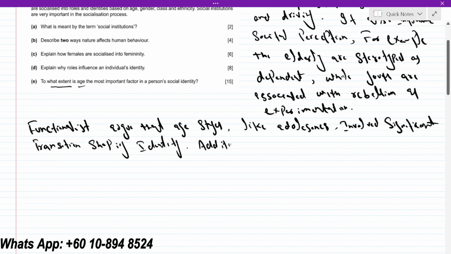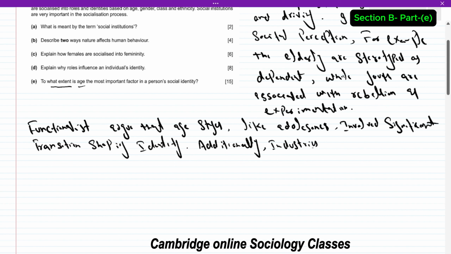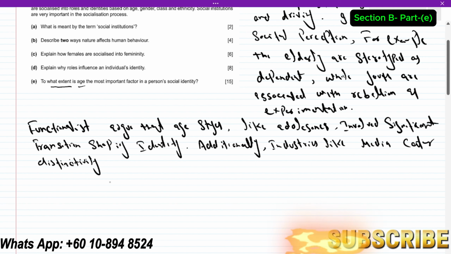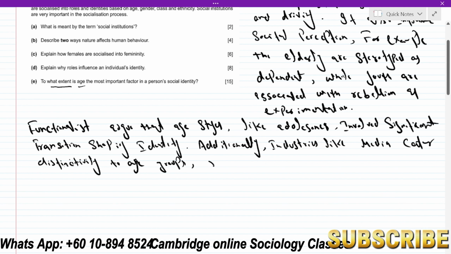Additionally, industries like media cater distinctively to age groups, reinforcing unique identities.